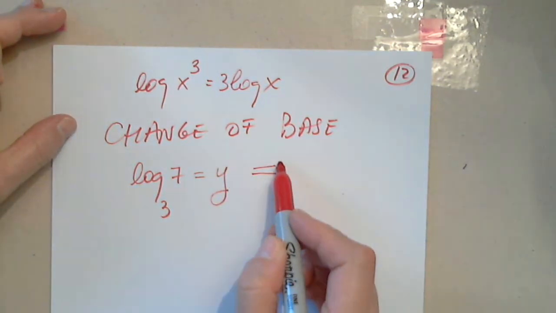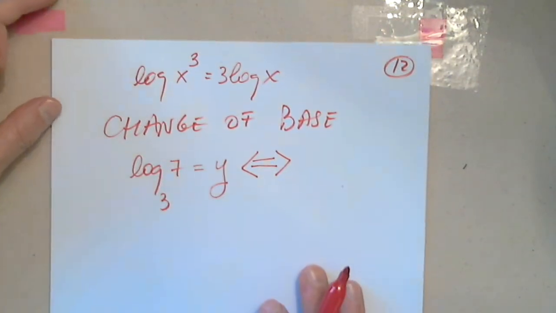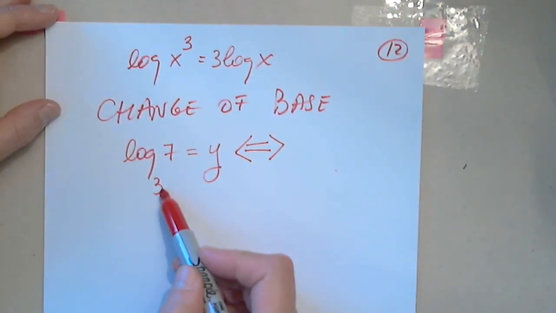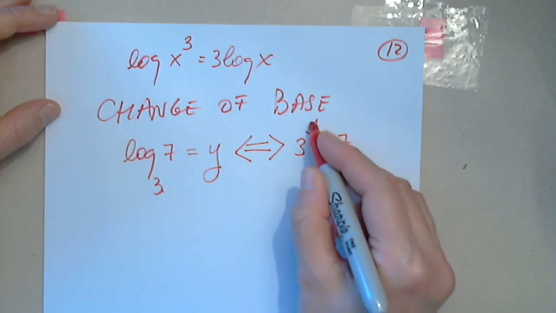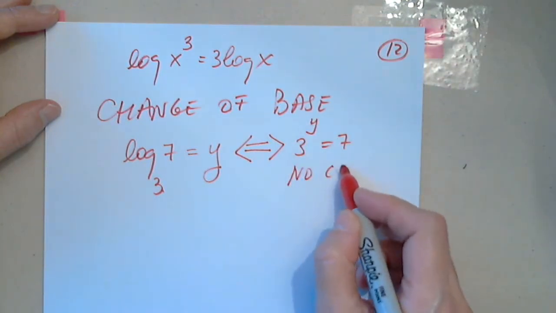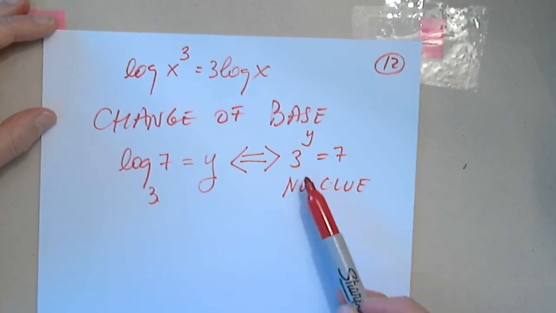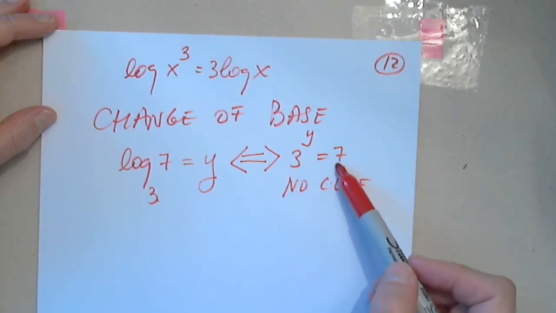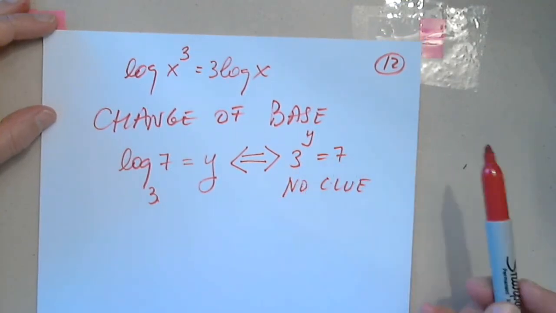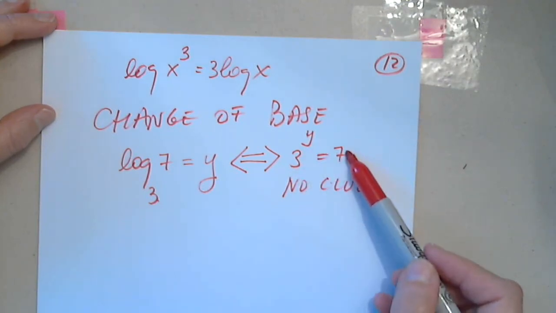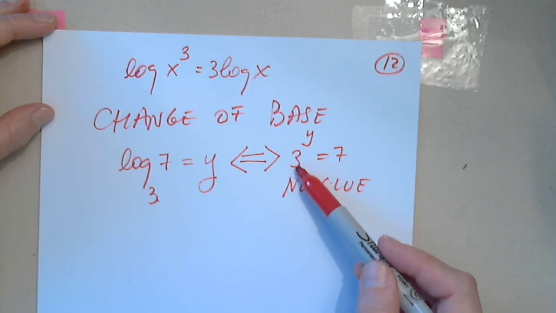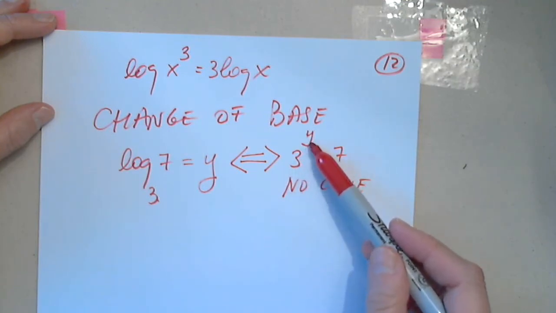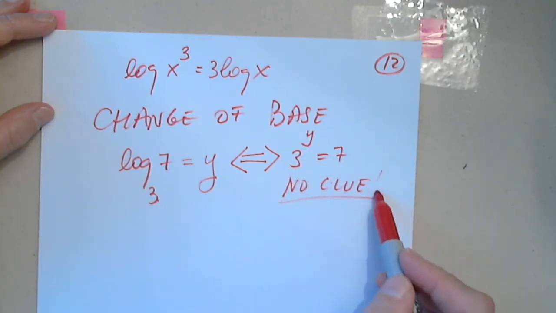I know how to change this into an exponential equation: 3 raised to y equals 7. But I still have no clue. If this were 9, that would have been easy. I would have said 3 squared is 9, so y is 2. But you're asking me to find a number that I raise 3 to get 7. I have no clue.